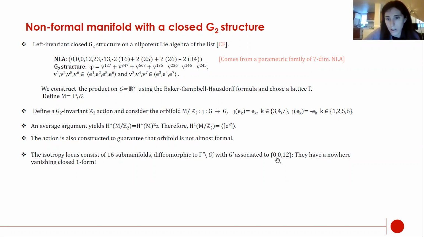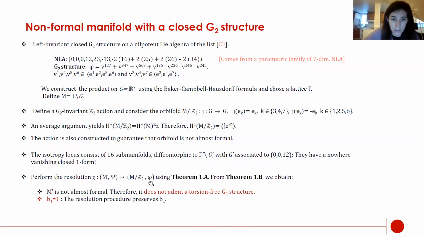So every combination of the first two vectors of the dual of the Lie algebra is going to give, by left translation, the non-vanishing closed one-form we want.